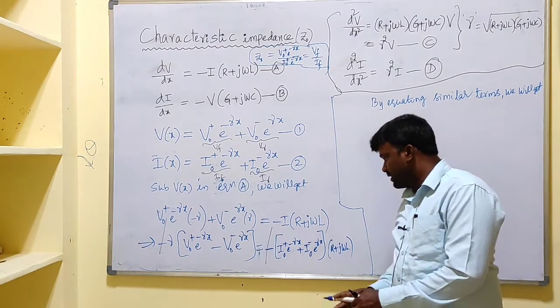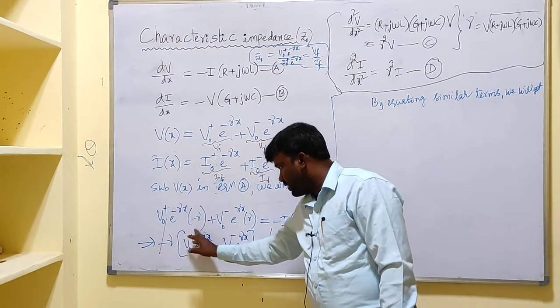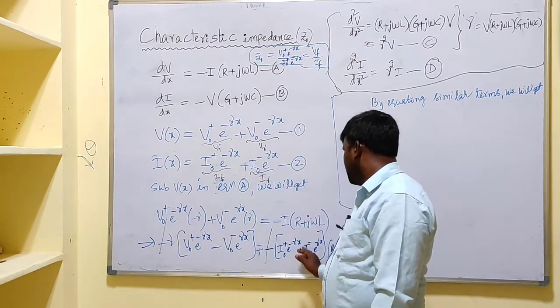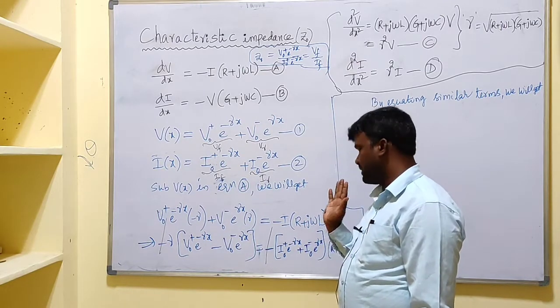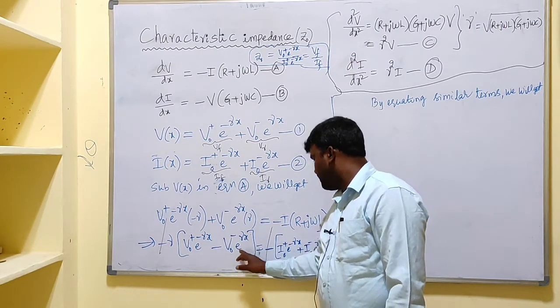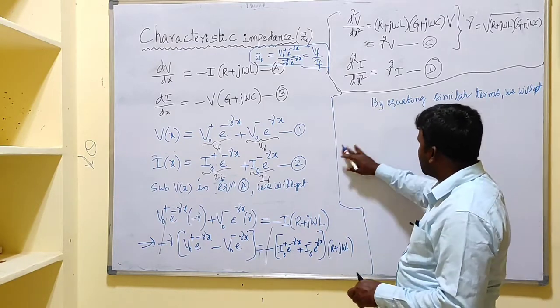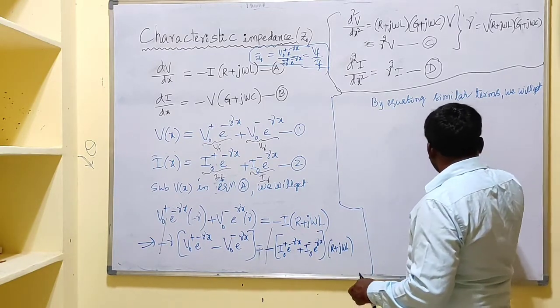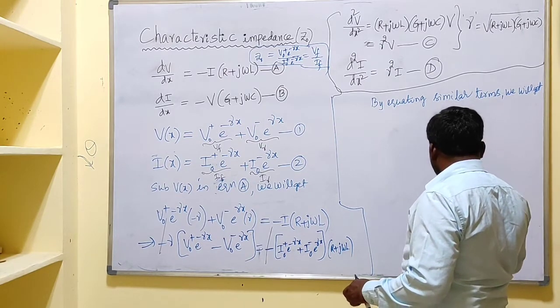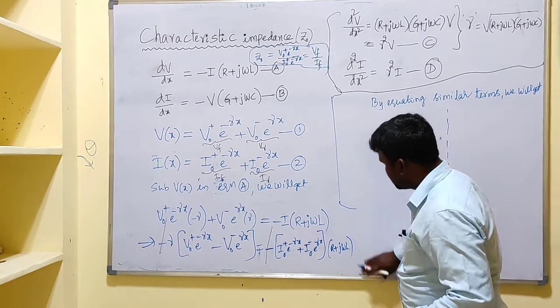What are the similar terms? On the left-hand side the first term is e to the power minus gamma x, and here the first term is also e to the power minus gamma x. The second term is e to the power gamma x, and here also e to the power gamma x. So the similar terms are nothing but the e to the power gamma x and e to the power minus gamma x terms.